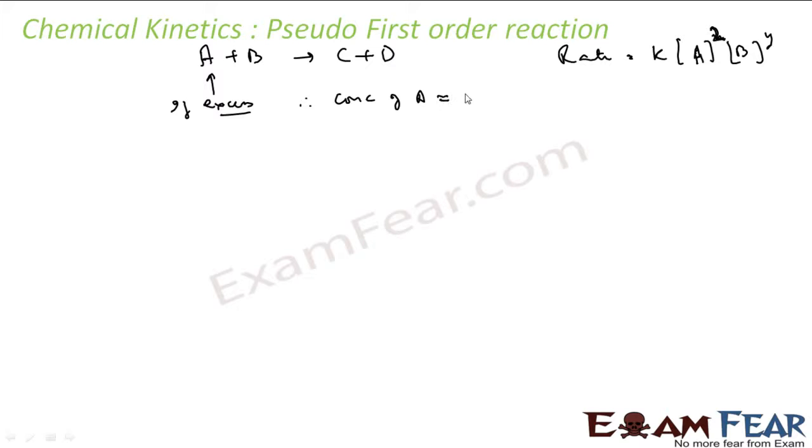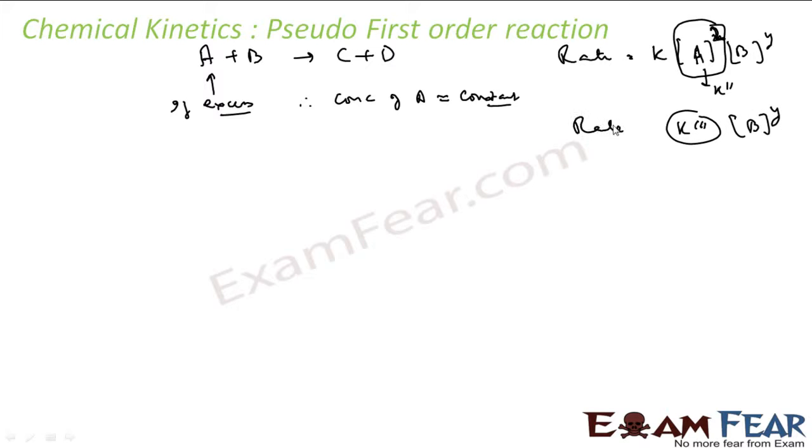The concentration of A will be constant. If the concentration of A is constant, A squared will be constant, some constant value. And then k times this constant will also become some constant value.